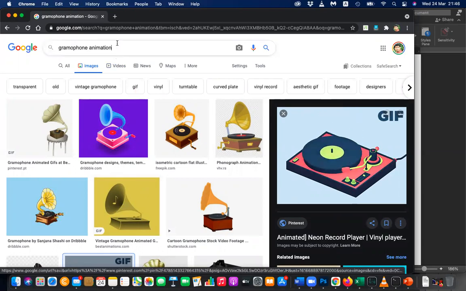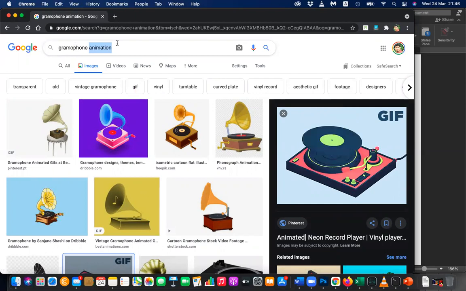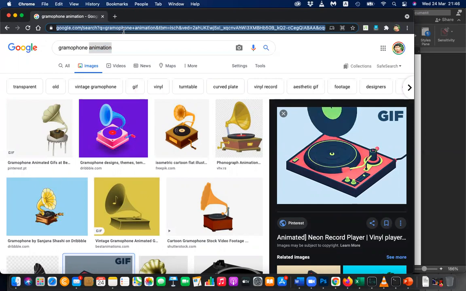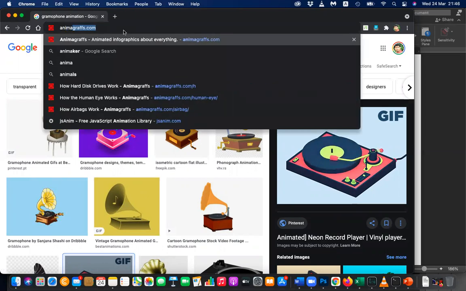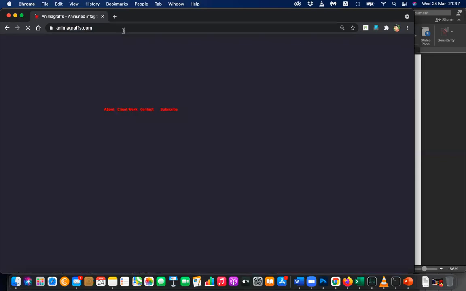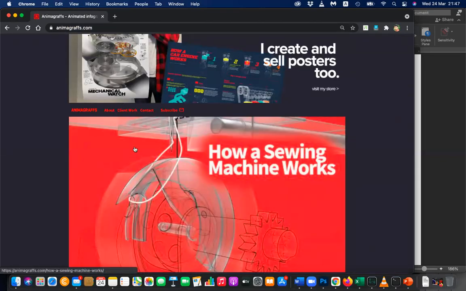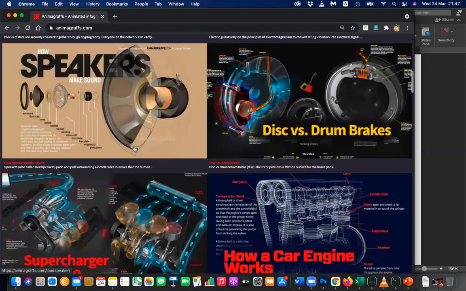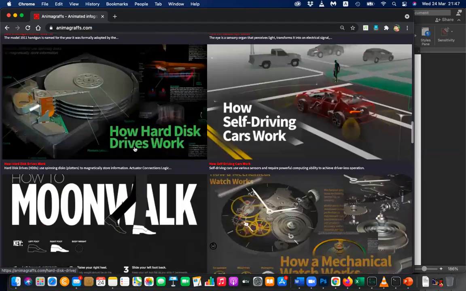So rather than searching for gramophones and Flintstones, you can just browse for how a hard disk works, on a website called Animagraffs.